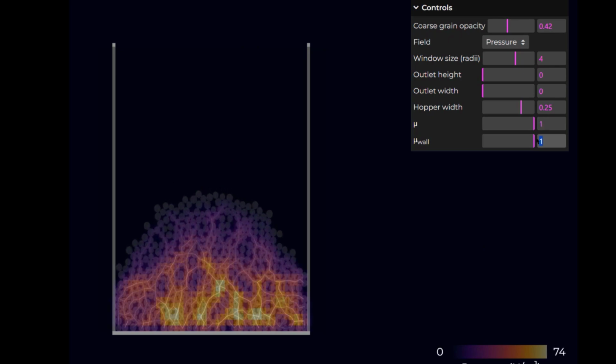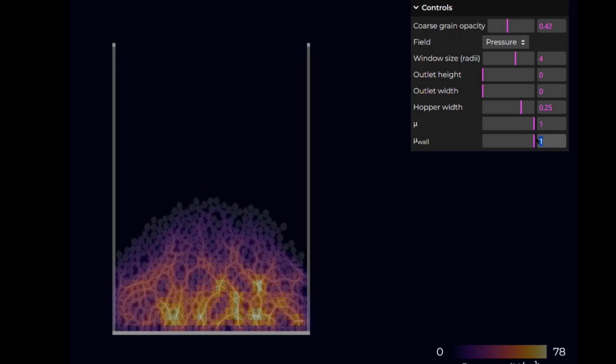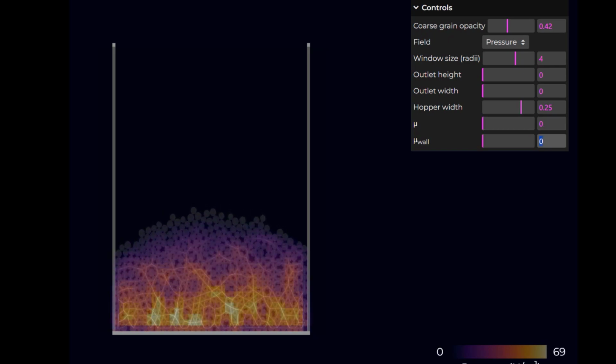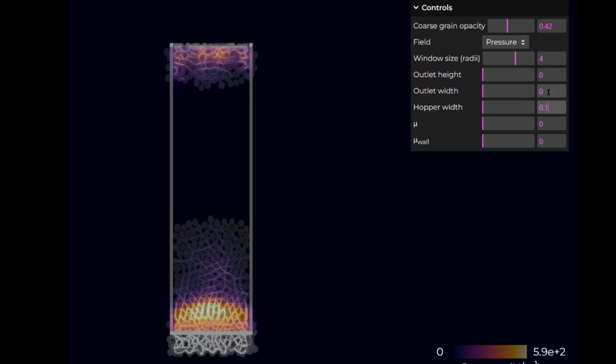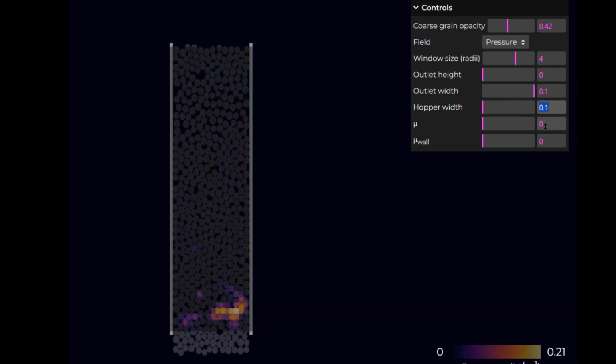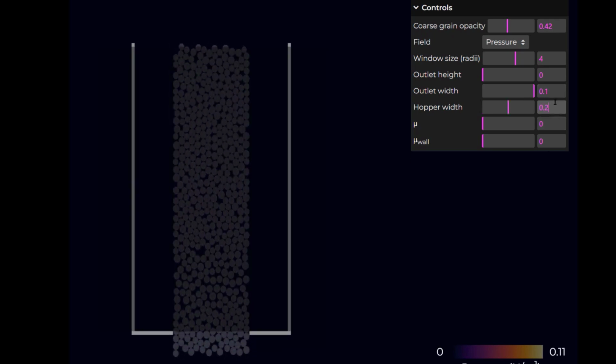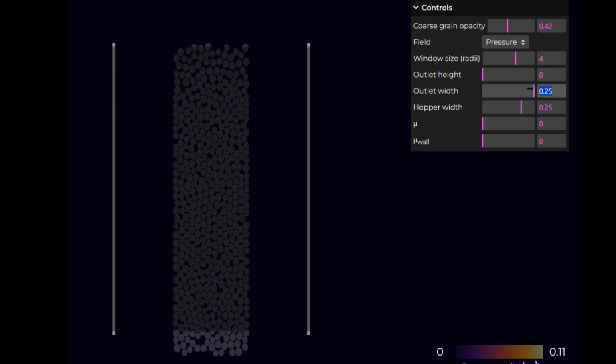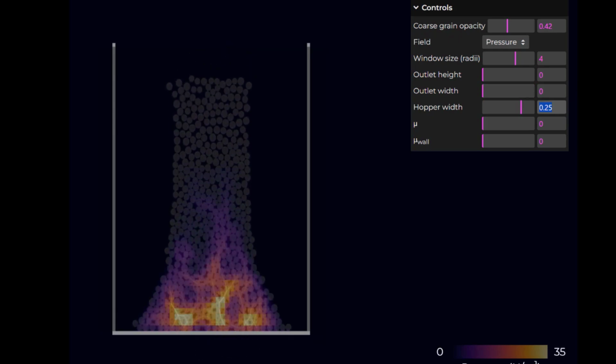Also, as you will see at the end, even with zero friction, there is a certain angle of repose. This is possible simply due to the geometry of the confining walls, the location of individual particles, and the way particles are filled into the silo.